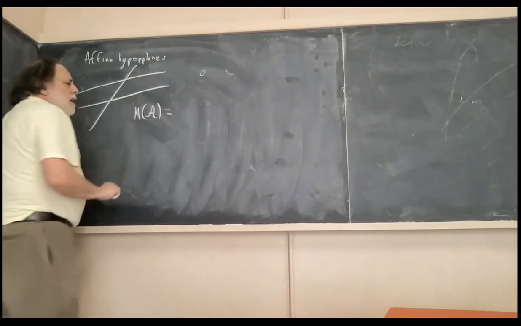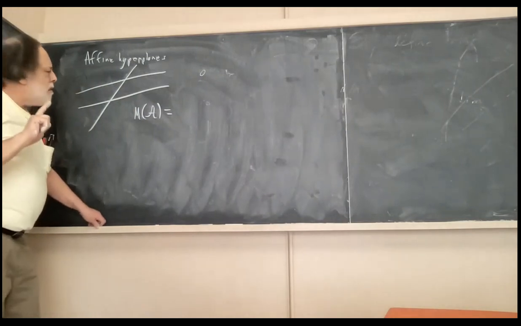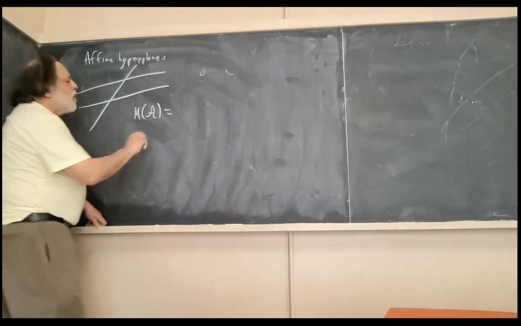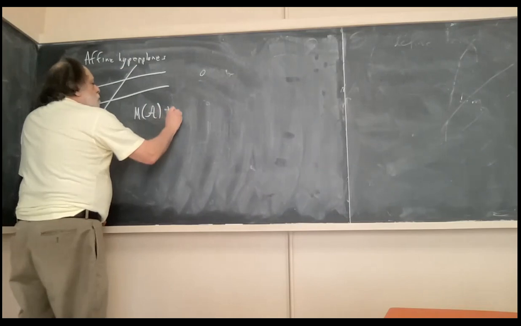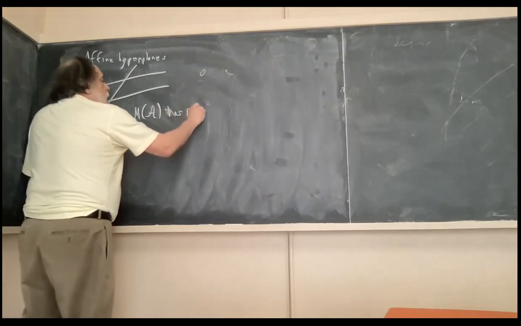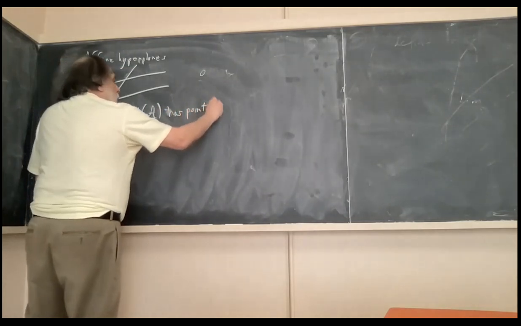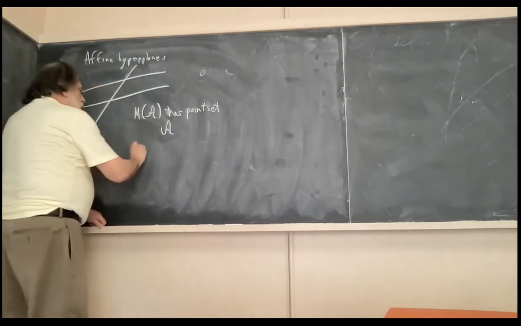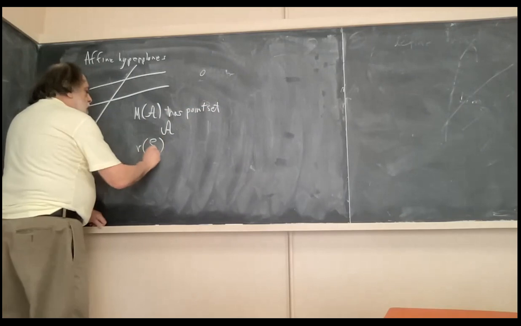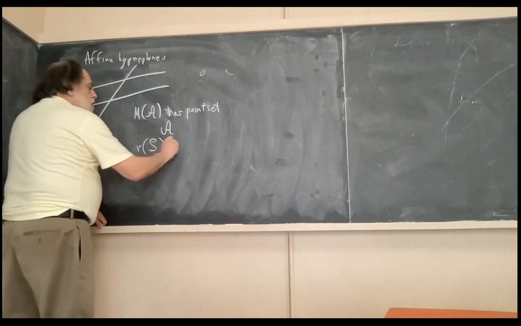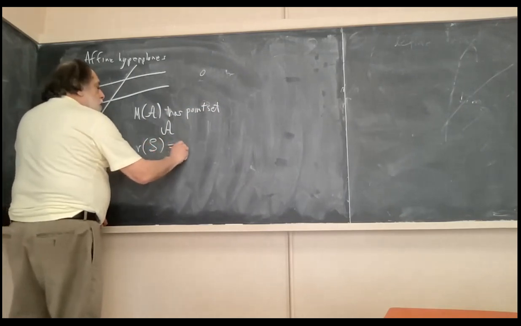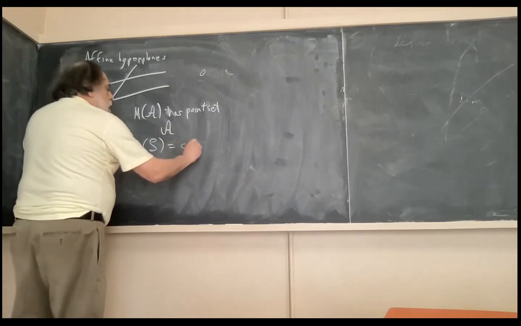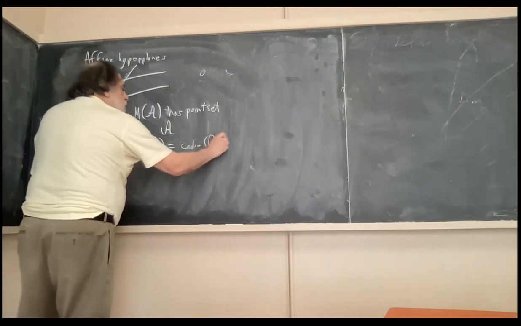The matroid of this arrangement is, well, now I'm being a little sneaky. The matroid of the arrangement has point set A, the set of hyperplanes, and the rank function of a subset is equal to the codimension of the intersection of that subset.